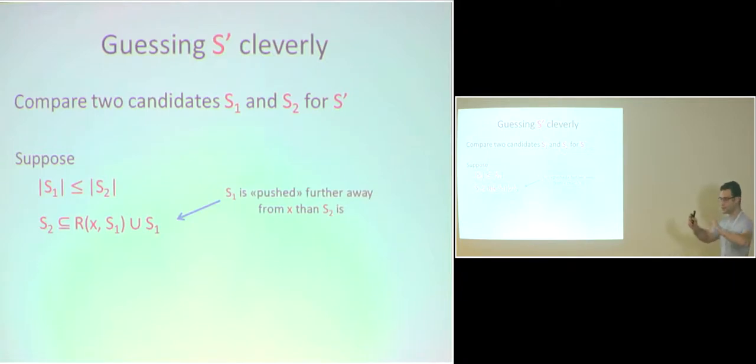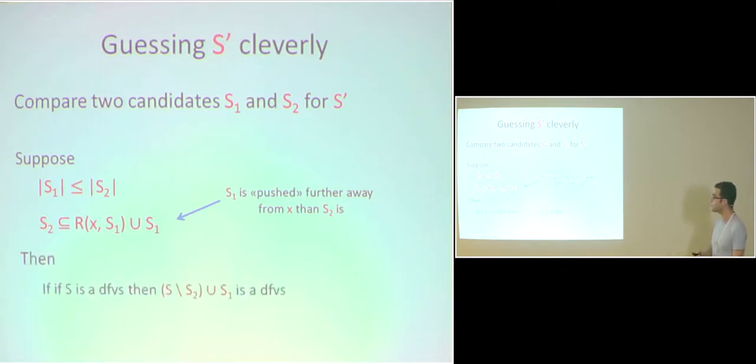What this means is that S1 is pushed further away from X than S2 is. In other words, when I delete S1, and also the intersection of S1 and S2, then whatever is left of S2 after I delete S1 is reachable from X.